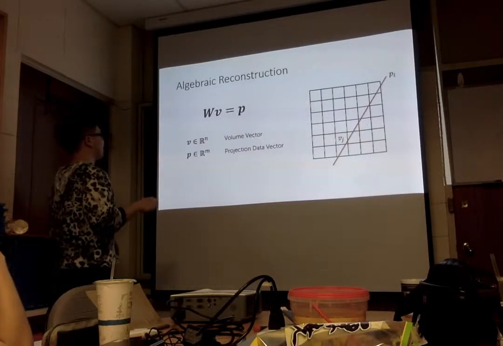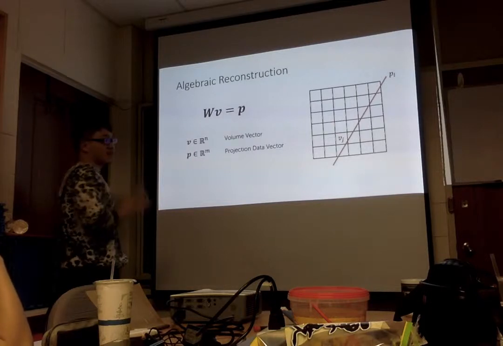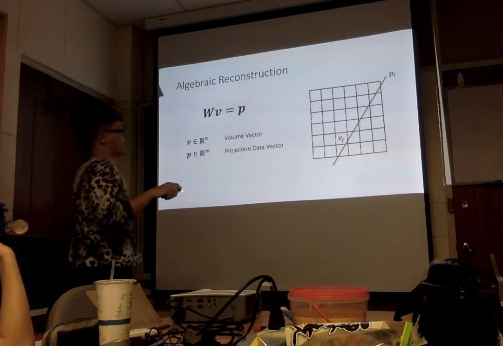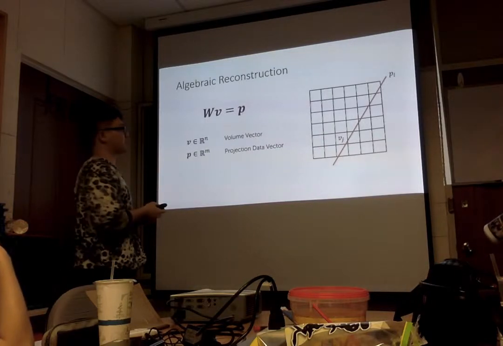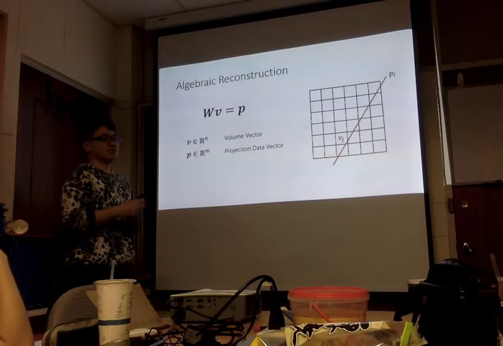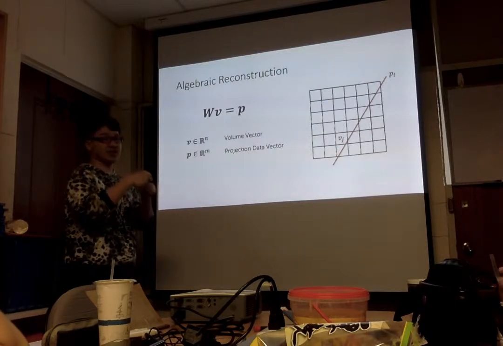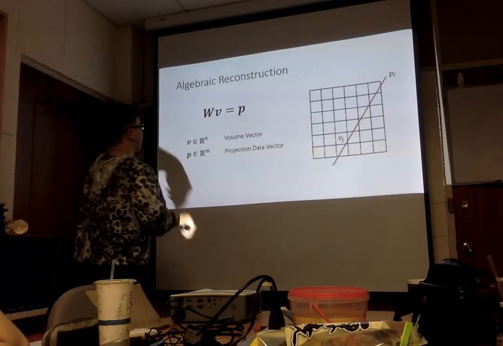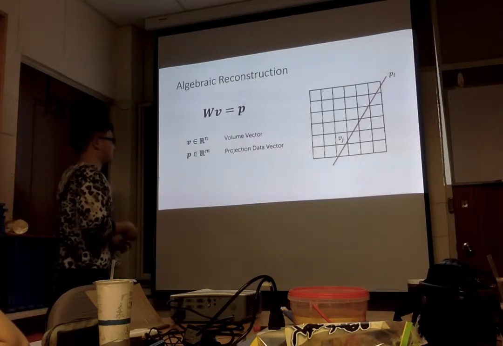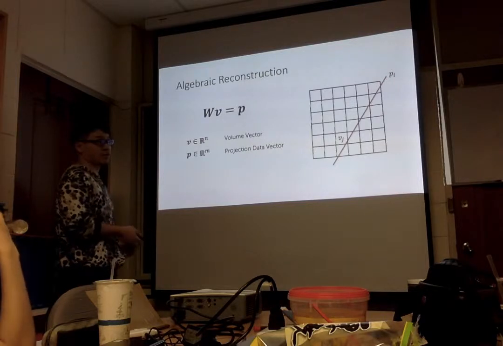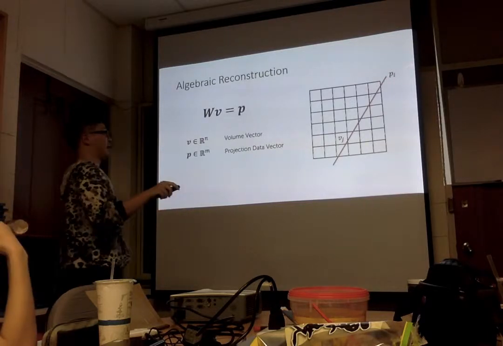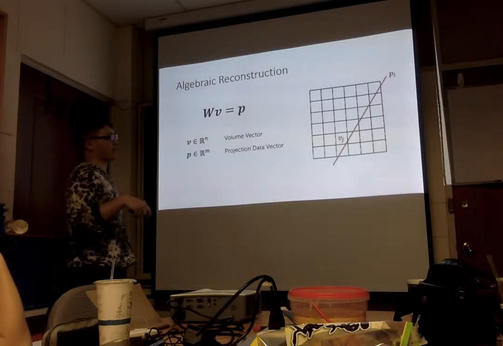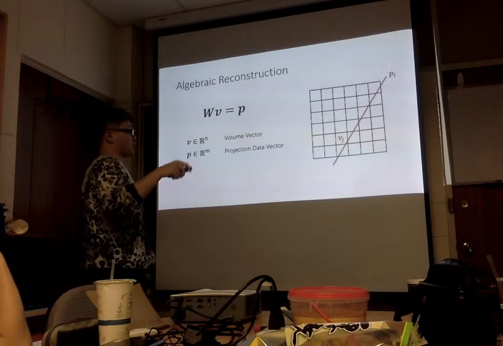So what does this method do? First, V is a one-dimensional vector of elements for the voxels. Voxel means the object, like a pixel but in 3D. We call it voxel. And P is a one-dimensional vector of M elements for the measurements we get from the detector with the projection.